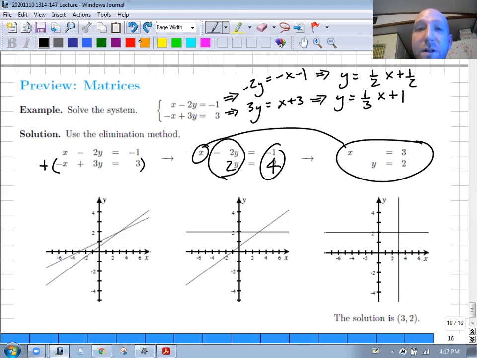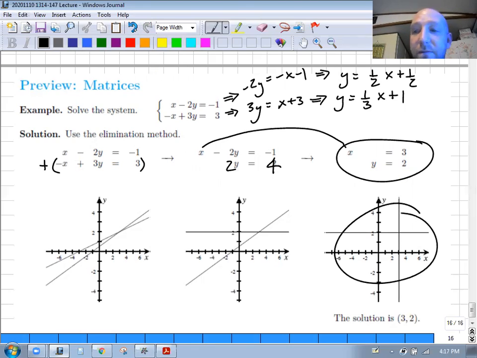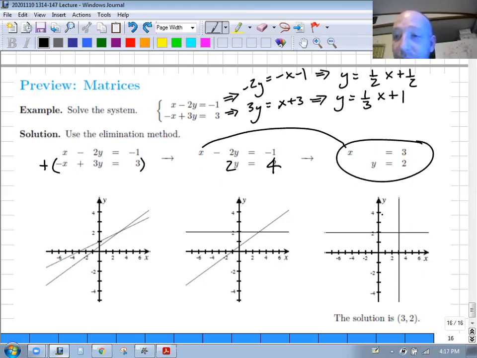That's our elimination approach. So we have our x equals 3 and y equals 2. So those are our two solutions. Here's y equals 2. The line x equals 3 is this. So where they intersect is at 3, 2.